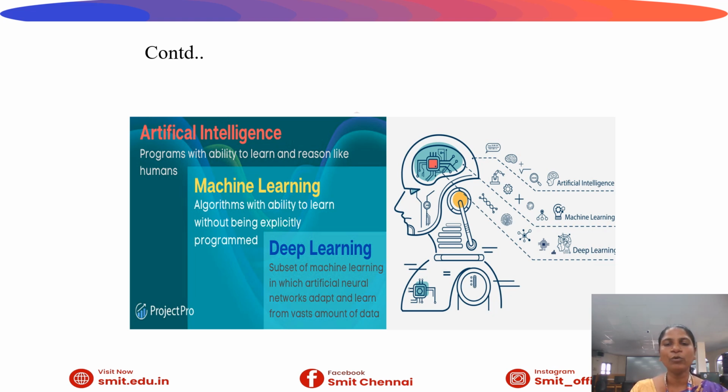It mimics the human brain, that is, the artificial neural network. Using this ANN, we can learn from a vast amount of data and predict the correct output. So this is the basic difference between machine learning and deep learning.